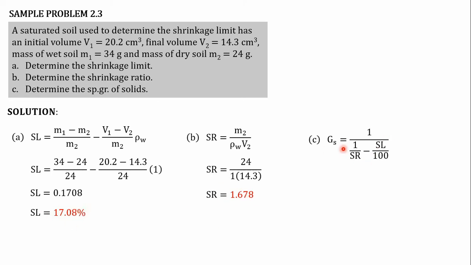So, we can directly solve GS. GS is equal to 1 over 1.678 minus 17.08 divided by 100, and that is equal to 2.35. And this will be our final answer on C. Next sample problems tayo.